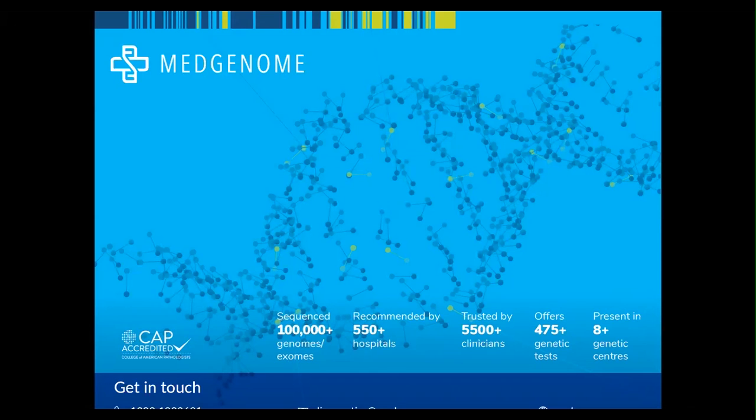And a variant of uncertain significance is a variant in which we do not have adequate literature, so we cannot classify it either as pathogenic or as benign. So they remain in a pool till further evidence for that variant is available, so as to reclassify it after a period of probably 6 to 8 months.